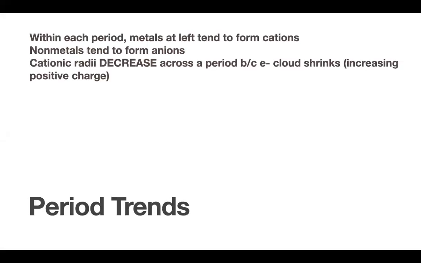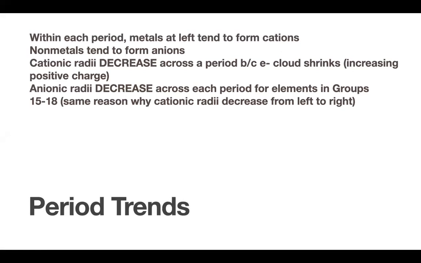Okay, so if you're going to compare the size of the ions, cations going from left to right are going to decrease in size for the same reason why atoms decrease in size going from left to right. And anions are going to decrease across each period for the elements in groups 15 to 18.